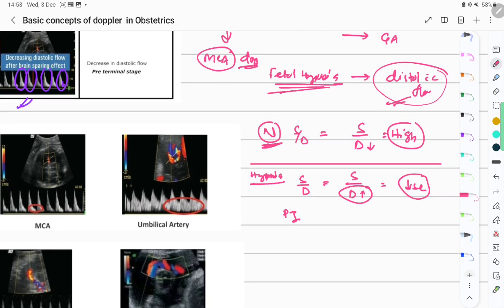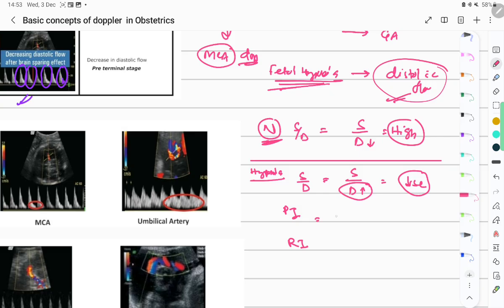And what about PI and RI? PI is S minus D by mean. D is increasing, so S minus D will decrease. So PI also will decrease. So in hypoxia, PI will decrease, and RI will also decrease.